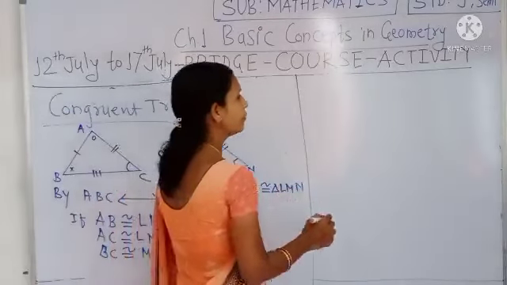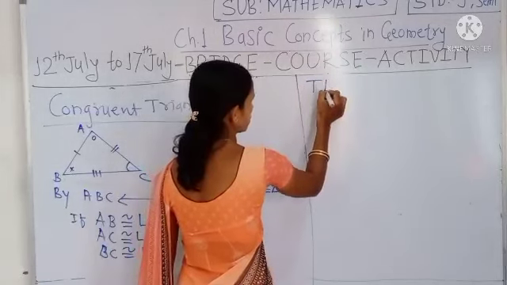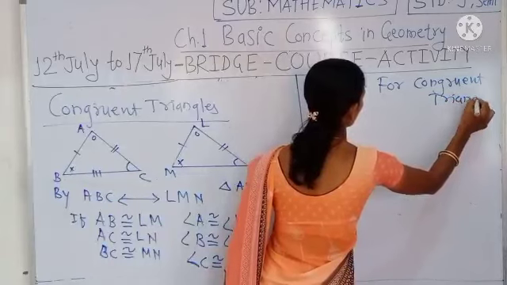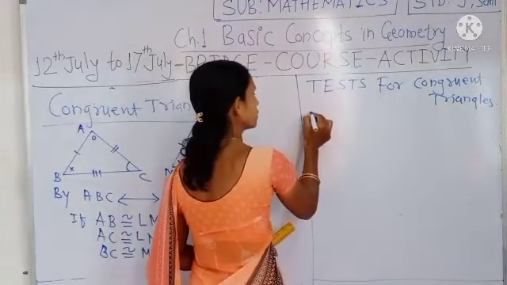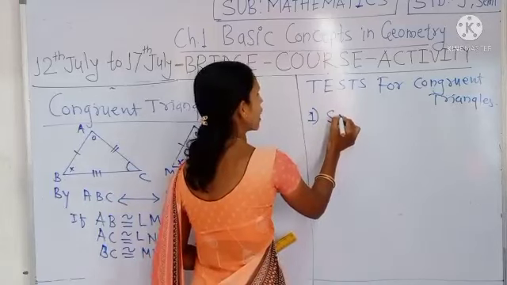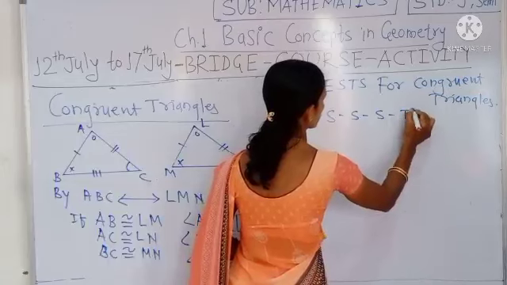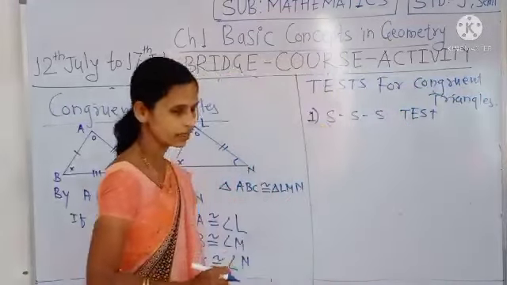Then to identify the congruent triangles, there are different tests for congruent triangles. First test, that is the side test, SSS test for congruent triangles.